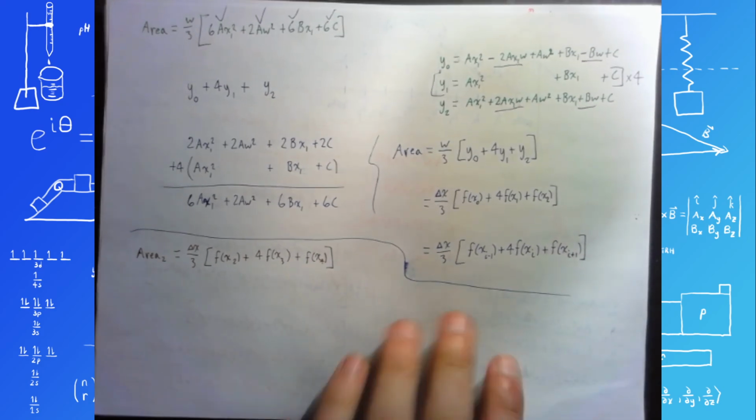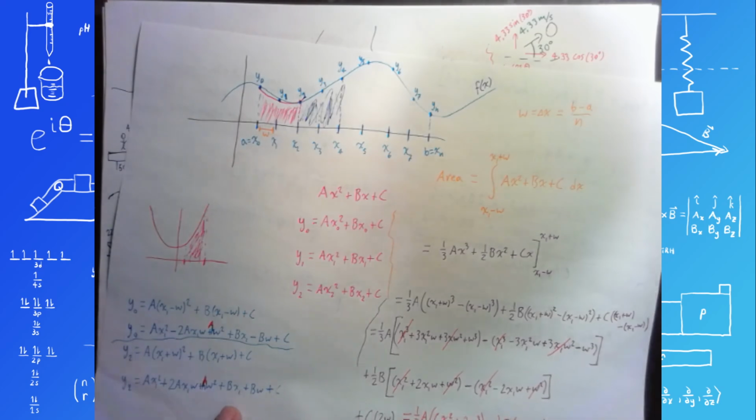Right, x2, x3, and x4 would be the 3 points to consider for the next region.